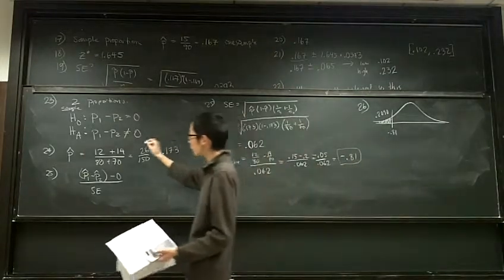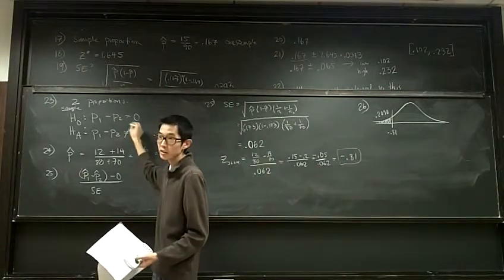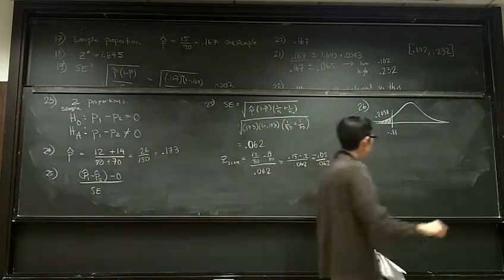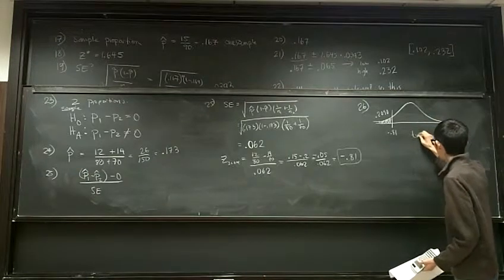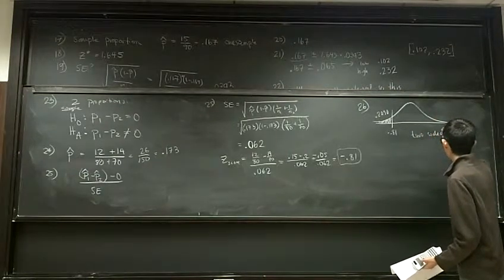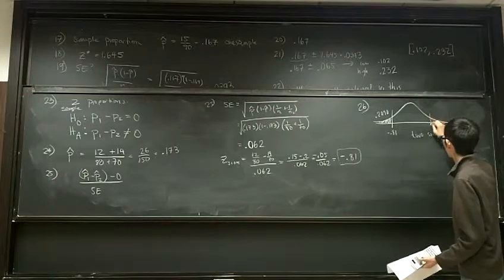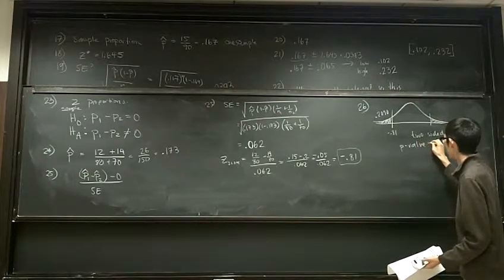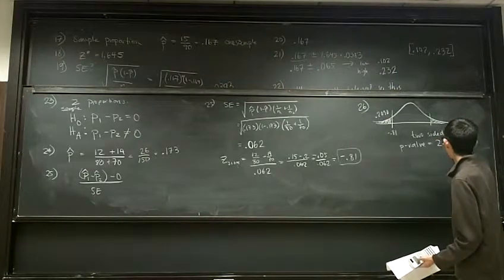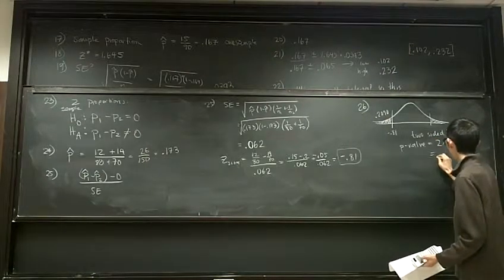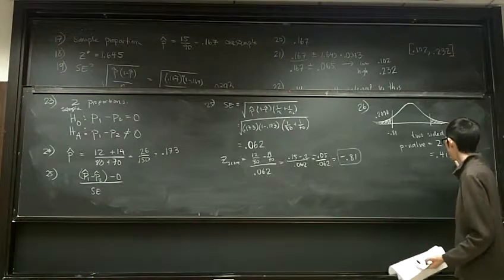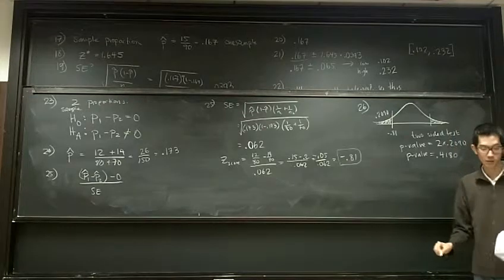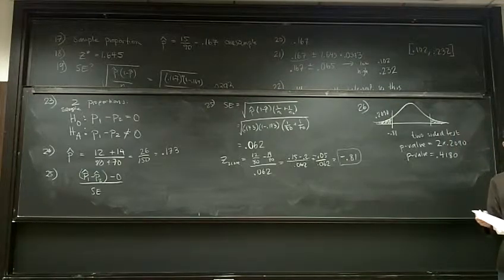I have a two-sided test because the alternative has a not equal to sign, so I have to double it. My p-value is going to be 2 times 0.2090, which is equal to 0.4180. This is my p-value. Number 26.